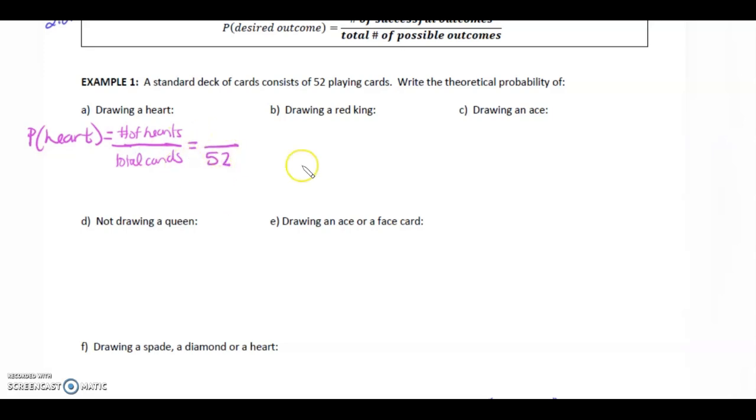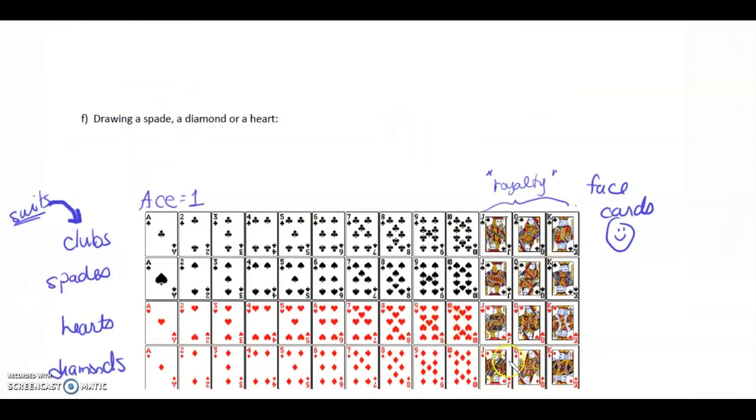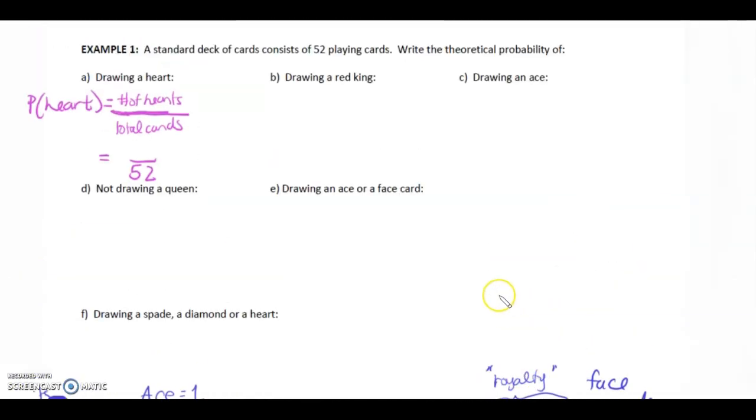That's not going to change. Now, how many hearts do we have? If we take a look at playing cards, we have 1, 2, 3, 4, 5, 6, 7, 8, 9, 10, 11, 12, 13. We have 13 hearts. So the probability of drawing a heart is 13 out of 52.